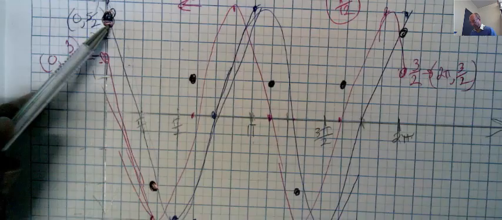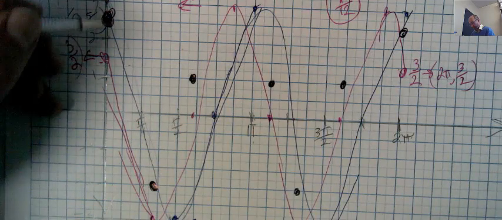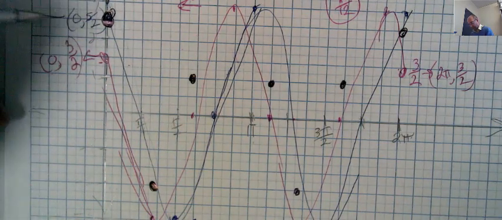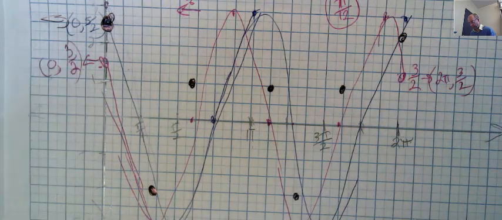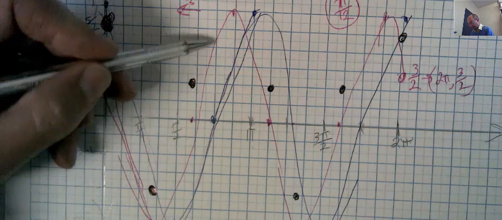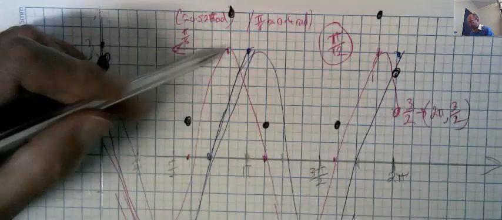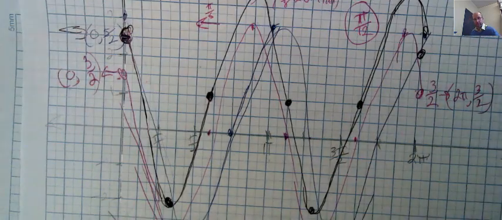I've put them in oversized spots so you can see them, and basically here it is. 5 over 2 is what 3 over 2 became when we add 1 on, and all of these have been moved upwards. Okay, and you can see that there, all of those have been moved upwards 1, and lo and behold we have our graph.